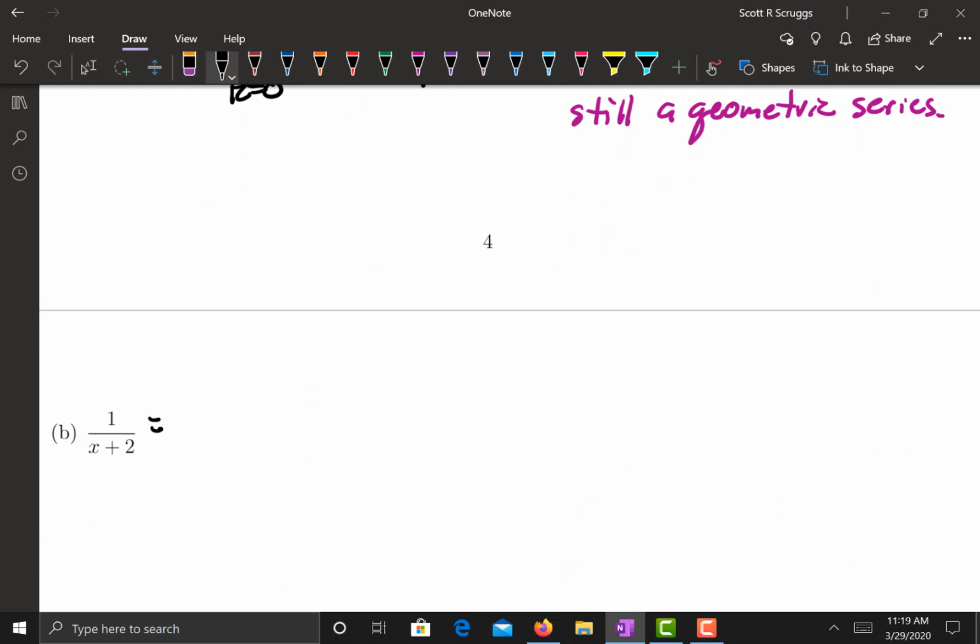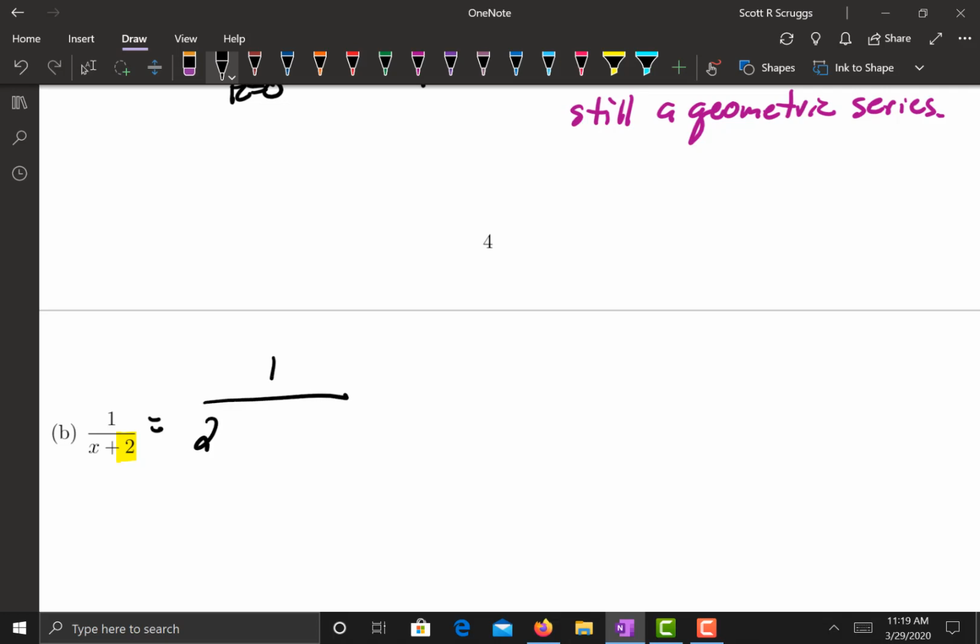So I need 1 minus something to appear in my denominator. Because I have a constant of 2 being added, that means I need that factored out in the denominator.